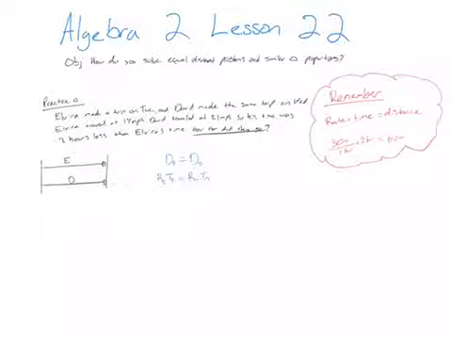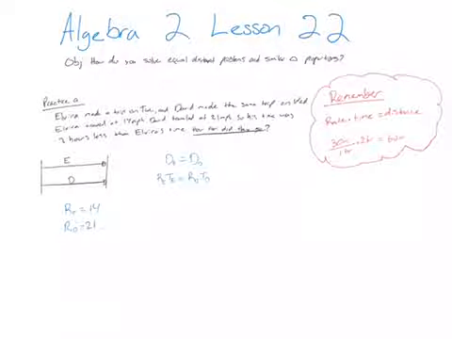Okay. Now let's see if we know any of these things. It turns out that we do. We know Elvira's rate. The rate of Elvira is equal to 14 miles per hour. David travels, so the rate of David is equal to 21 miles per hour.